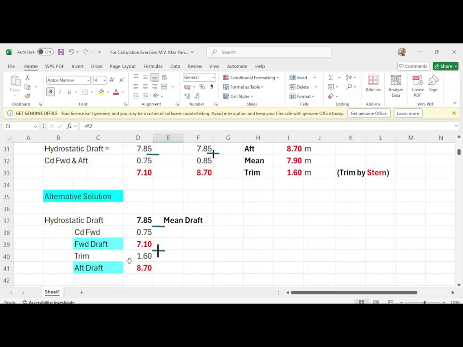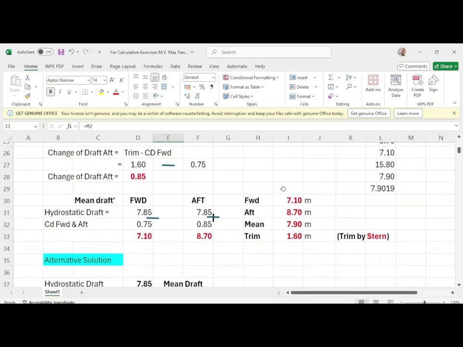Then you add your trim of 1.60, then your up drop will be 8.70. Okay, so with this figure, for your mean drop, you add forward and up, divide by 2, and this will be your mean drop, and your trim will be 1.60. If you deduct up drop minus your forward drop, it will be 1.60. Then you are trimmed by the stern. You are trimmed by the stern because you have more drop up than forward.